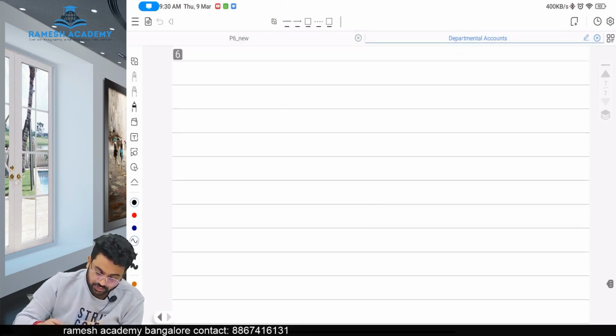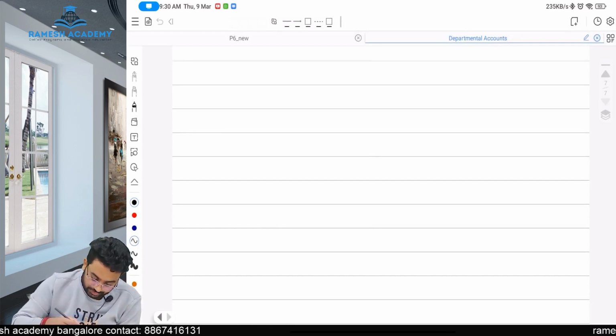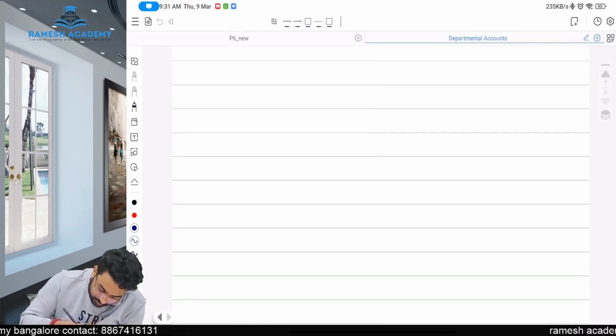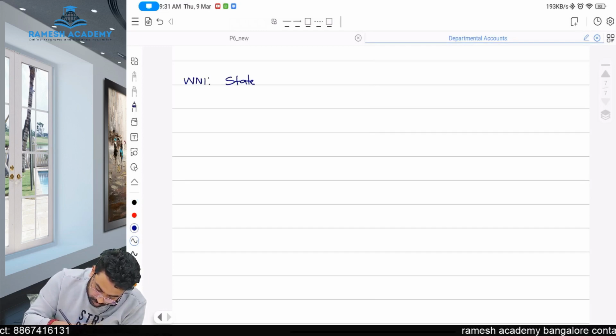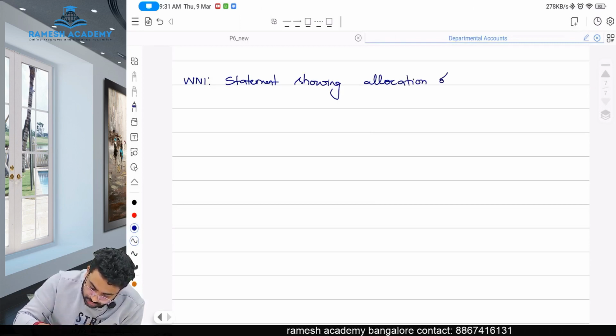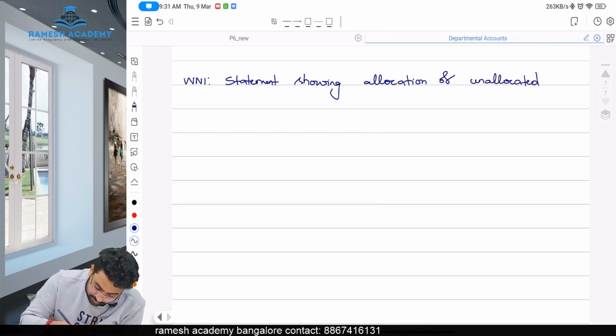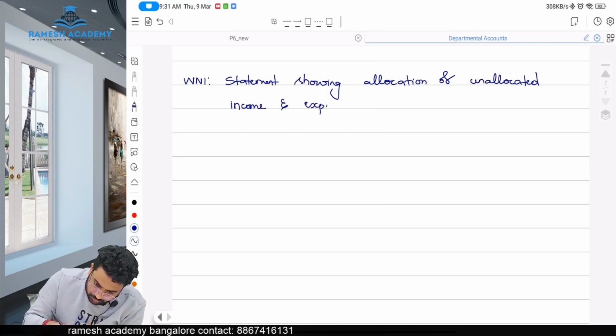So we can prepare a statement which shows allocation of unallocated income and expenses. Working note number 1. Statement showing allocation of unallocated income and expenses.